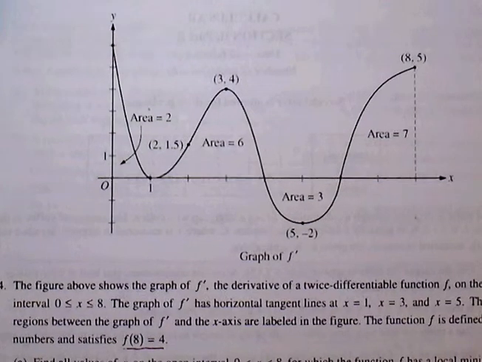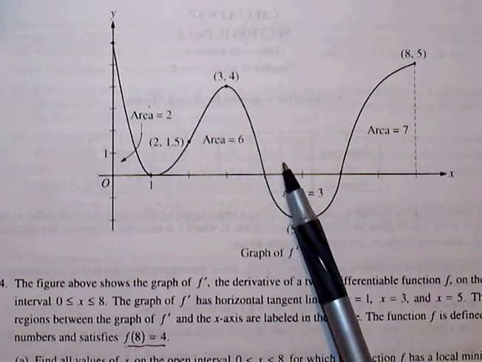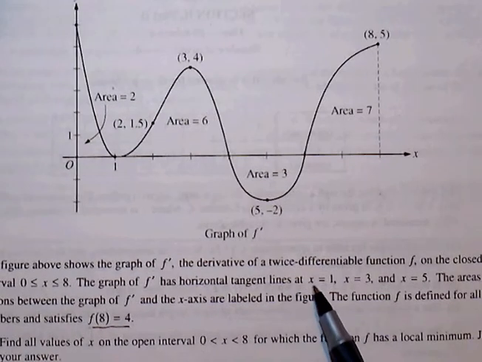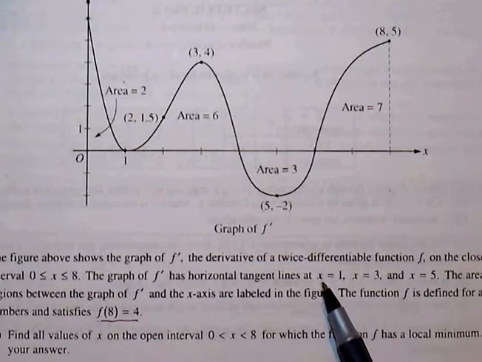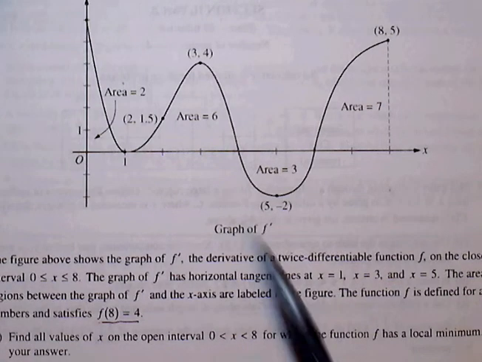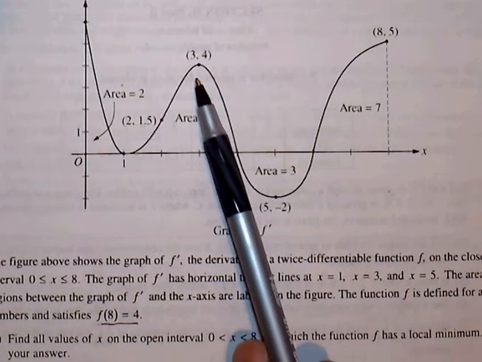Okay, number 4 from 2013. The figure shows the graph of f prime. So we're looking at f prime, not f of x, which is the derivative of the twice differentiable function f on the closed interval from 0 to 8. The graph of f prime has horizontal tangent at x equals 1, x equals 3, and x equals 5.